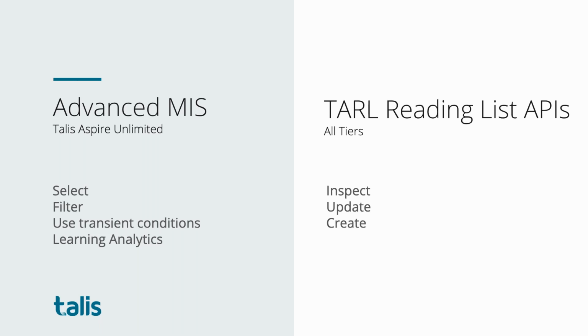Those are the kind of queries that you can set up as a repeatable query within the Advanced MIS data warehouse. And Advanced MIS also has a learning analytics angle to it as well.